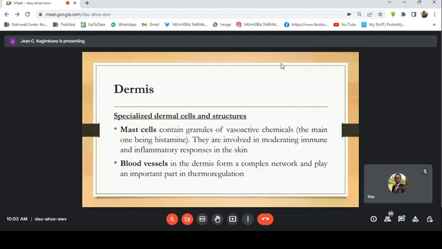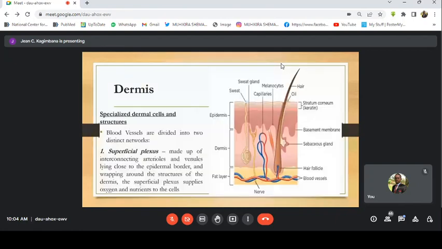Then it's spread by these muscle cells. And of course, blood vessels, where we have a complex network of vessels. Now, these vessels play a role in thermoregulation. Blood vessels are divided into two distinct networks.